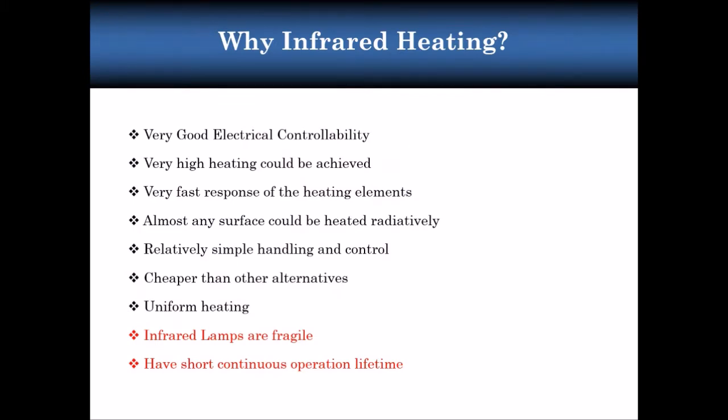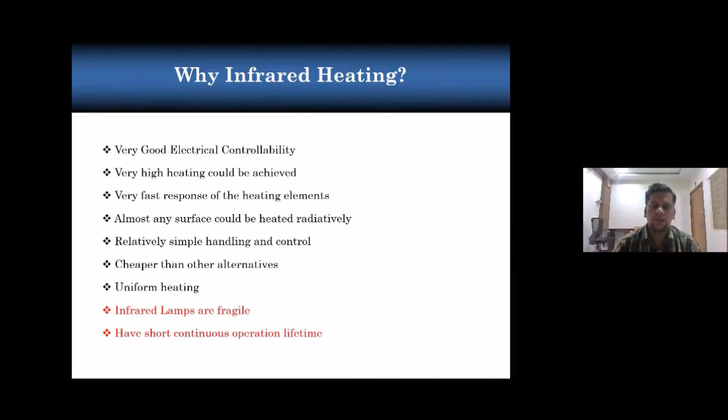Then we can also achieve uniform heating over a large area, not small scale, in a very large area. In our lab, we have tested a 1.5 meter diameter section. So 1.5 meters in diameter, almost 2.5 meters in length, cylindrical sections we have tested using infrared heaters.